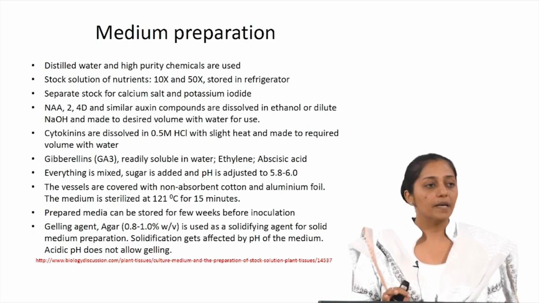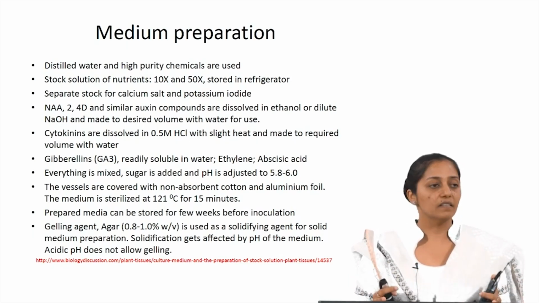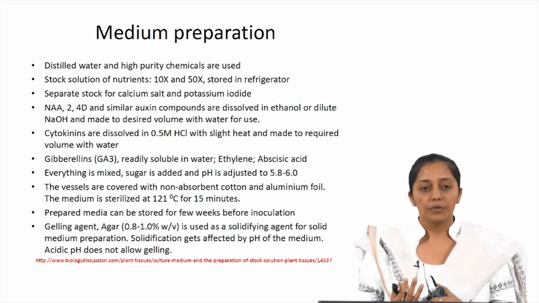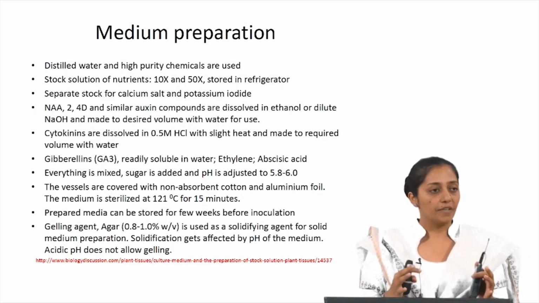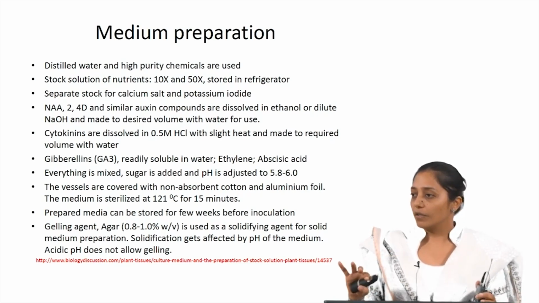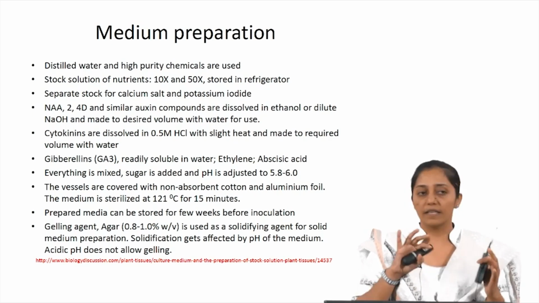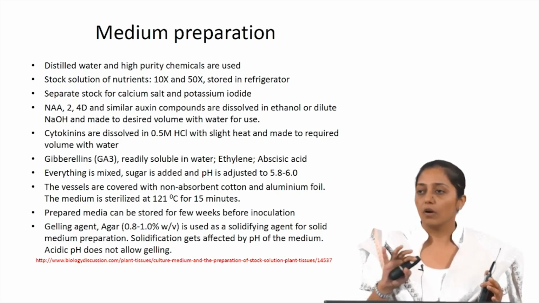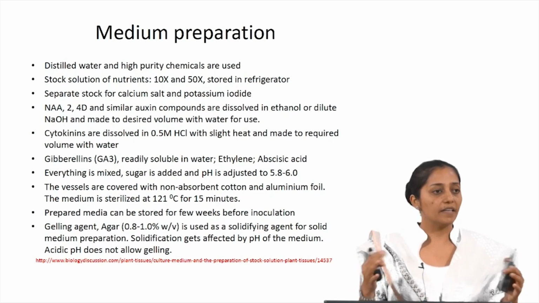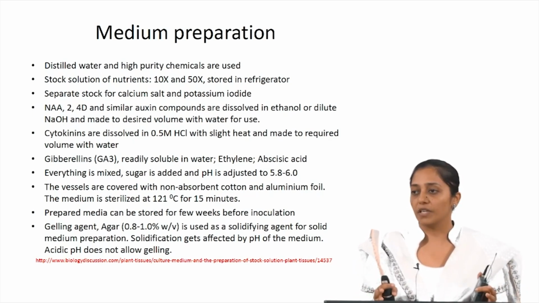So, how is the media prepared? Generally these are the recommended guidelines. You use 10x to 50x stock solutions of your major salts. Micro salts, including your iron, are in the form of stocks autoclaved separately, and then they are mixed at diluted concentrations depending on your media formulation.